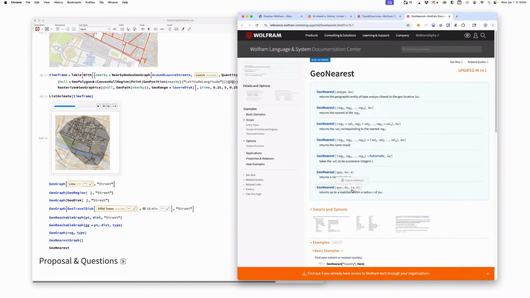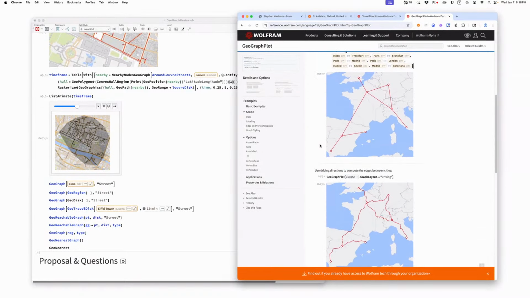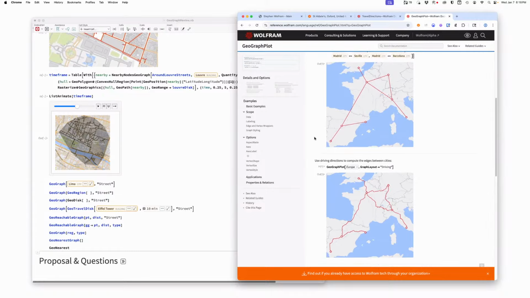Or for example, can you open the documentation of GeoGraphPlot? And compare the first two examples. The first one is by geodesics. The second one says graph layout driving. And now we know that we have to follow that. Yes.